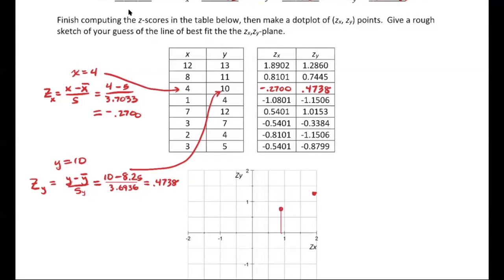about there. Okay, next one is negative 0.27 on x and 0.47, almost 0.5. I think it's this. Next one's negative 1.08. So that's really close to negative 1. And negative 1.15, also close to negative 1, maybe there.